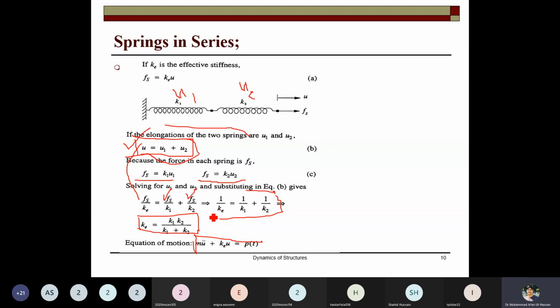So in this way you can write down and solve the different problems and convert the real structure problem into a spring mass system and develop different relationships for the different structural systems.